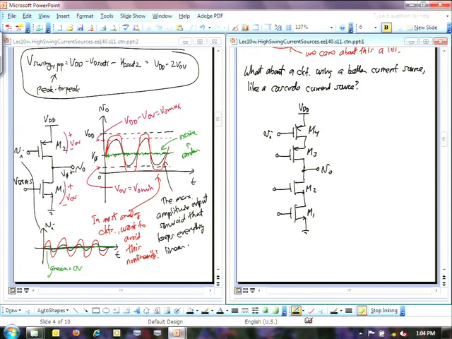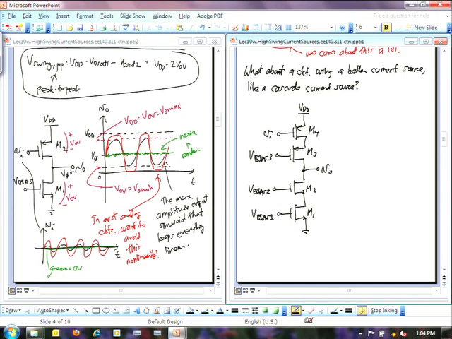So M4 is sort of our input device, and all these other devices are kind of biasing devices, right? Except for this M3. M3, if you remember, is basically a source to drain type gain, so a common gate type device here. But for all of these you're going to have to determine their V biases. So you have to put in V bias generators at each of the gates of those transistors. That's what current source design is all about.